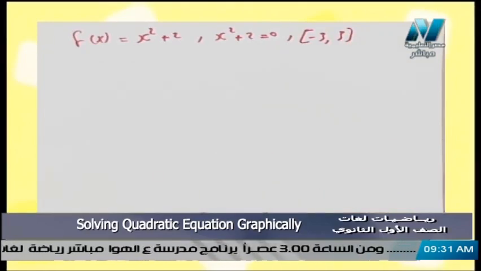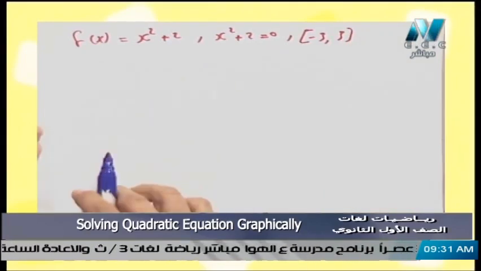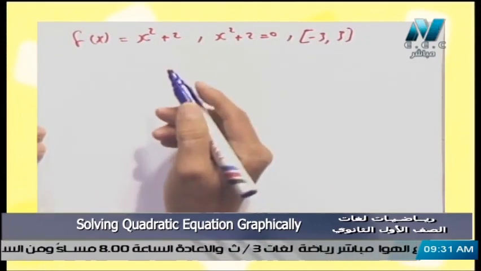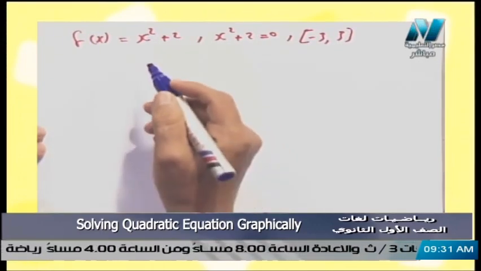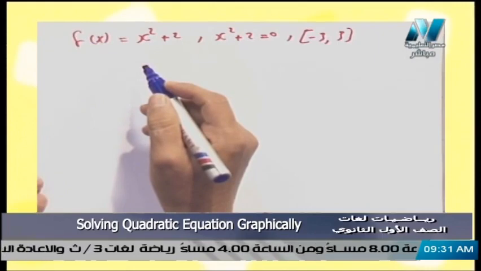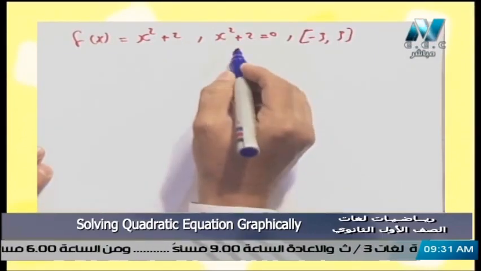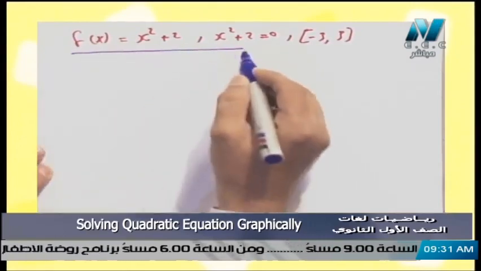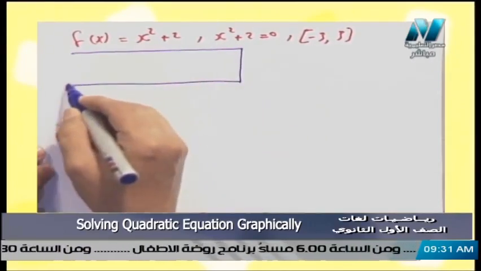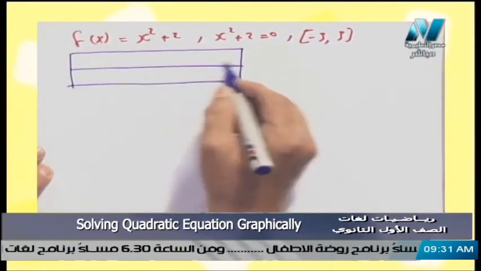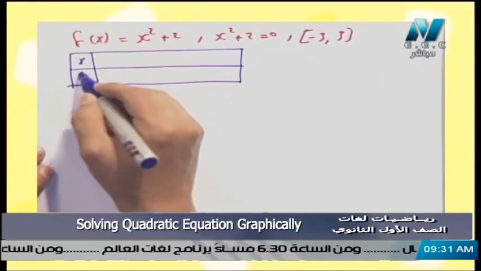We will remember again, you can use a calculator or you can use direct substitution, and in the two methods you will have a table like that. This is x, this is y.